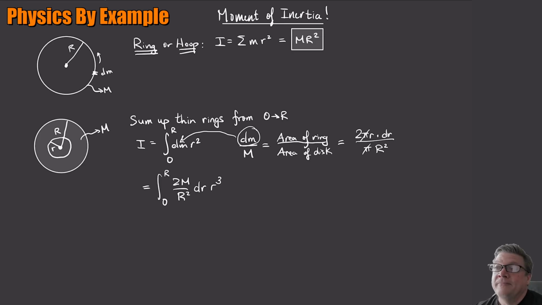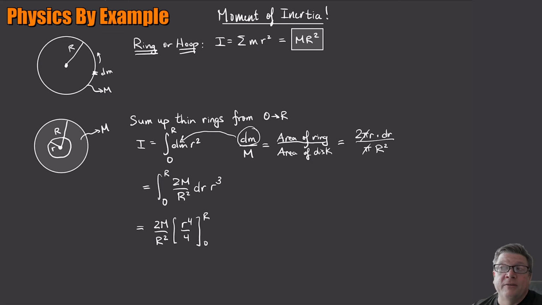Okay, cool. The big M and the big R don't change, so those and the 2 just come out front. The integral of r cubed dr is pretty easy. That's just r to the 4th over 4. So this is going to be 2M over R squared times r to the 4th over 4, from 0 to R. The 2 and the 4 are going to cancel for sure.